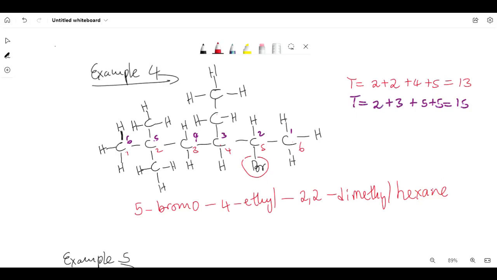All right, so that is our 5 bromine on carbon number 5, our ethyl on carbon number 4, and our 2 methyls on carbon number 2. So that is the name of our molecule. That is correct.